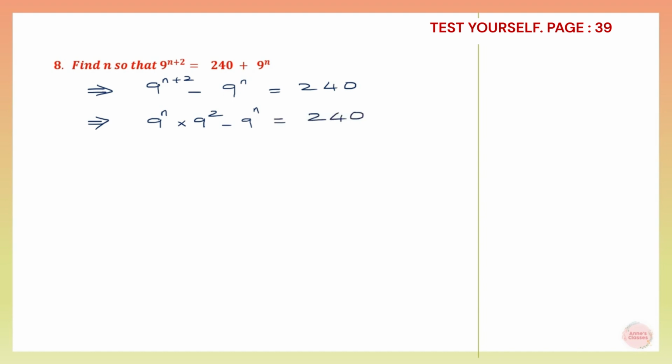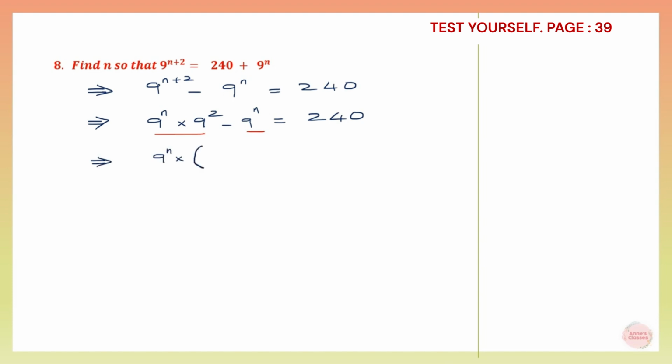Now I'm going to look at this part alone and this part, and we have a minus sign in between. What is common to this part and this part? As you can see, here we have 9 raised to the power of n. Here also we have 9 raised to the power of n. So I'm going to write 9 raised to the power of n separately, and in brackets I'm going to write the rest.